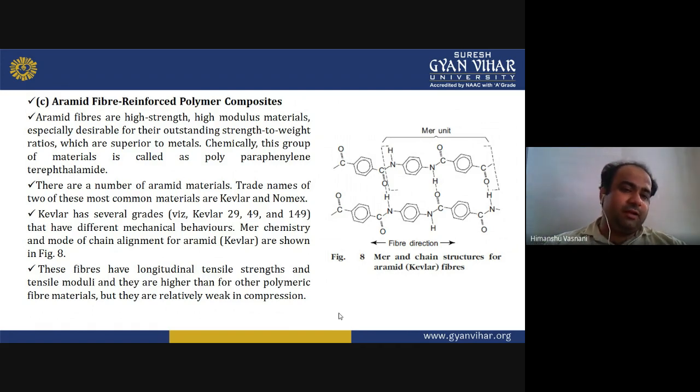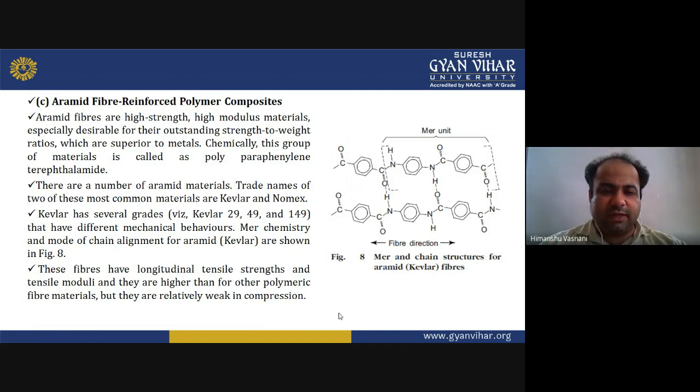The chemistry and chain alignment for aramid Kevlar are shown in this figure. You can see the chain structures for aramid Kevlar fibers, and this is how the fiber direction is shown.